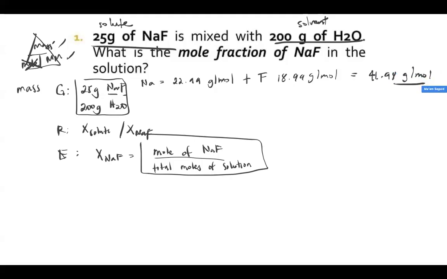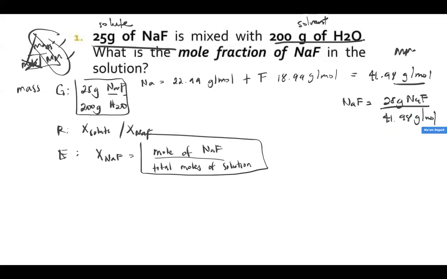Now, this is not yet the moles because this is the molar mass of the NaF. How do we get the moles? Going back to the triangle, it's mass divided by the molar mass. So moles of NaF is equal to the given, 25 grams of NaF, divided by 41.98 grams per mole.